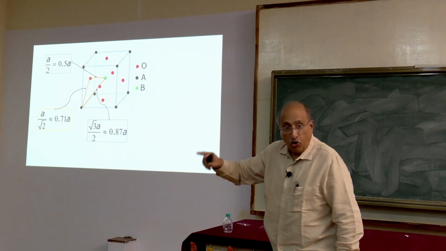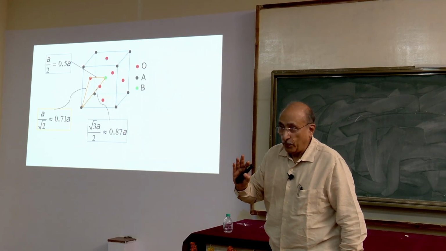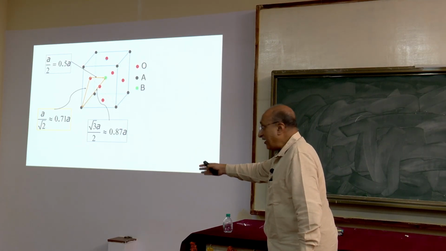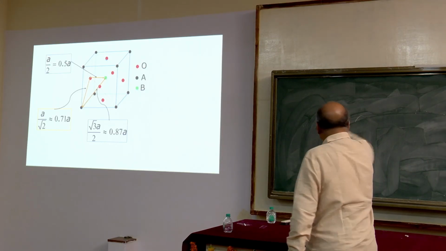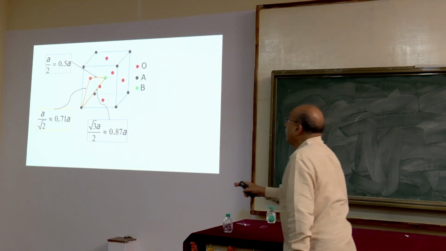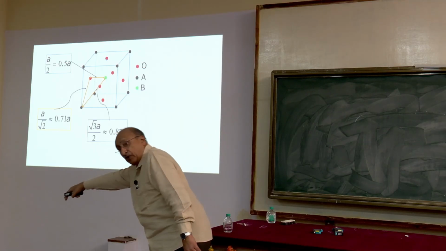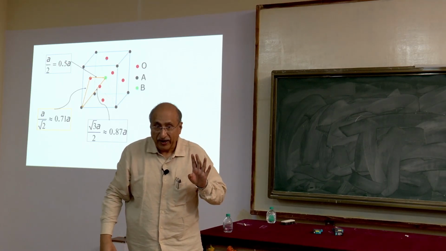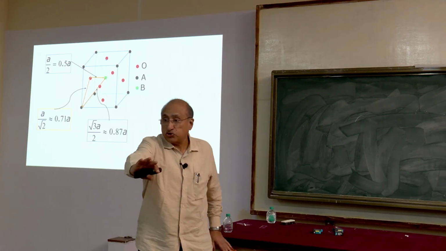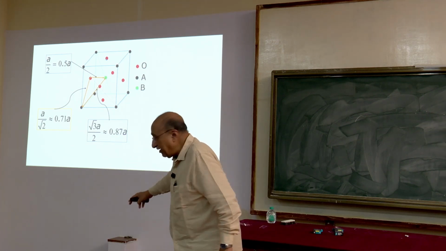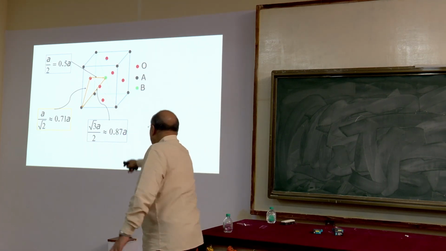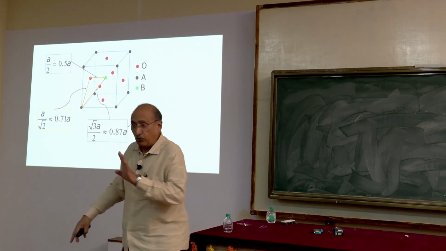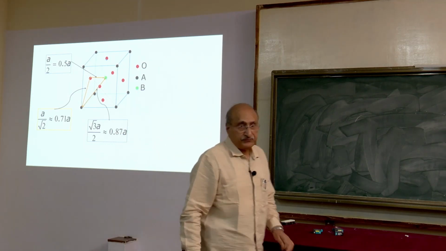Their centers will all be at a distance of a by root 2. Then through this atom, this wall is also passing. So there is one here, one below here, one in that particular direction, one in that particular direction. 4 plus 4, 8. Then in this direction also there is a wall passing. So from here to this face center 1, here to that face center 2, here to that, here to that face center 4. There will be 12 nearest neighbors.